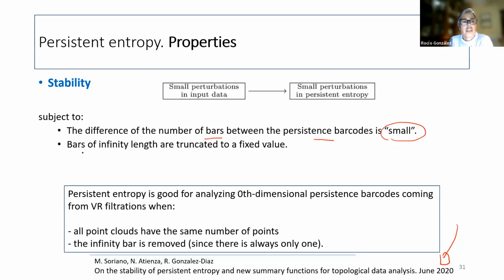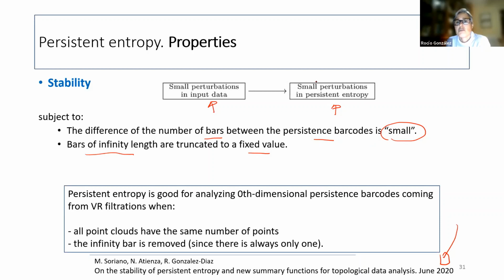And also, there is a problem with the bars of infinite length. They have to be truncated to a fixed value, all of them, if we want something stable. Stable meaning that a small perturbation in the input data produces a small perturbation in persistent entropy.